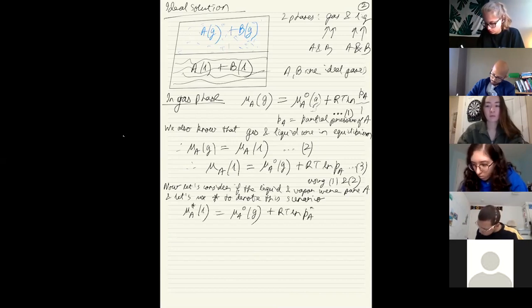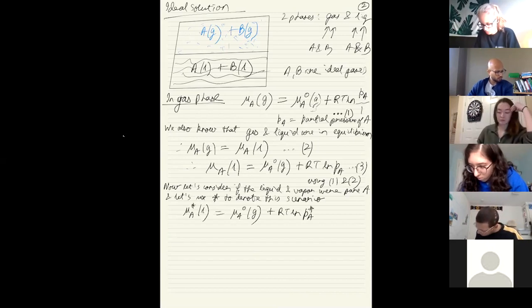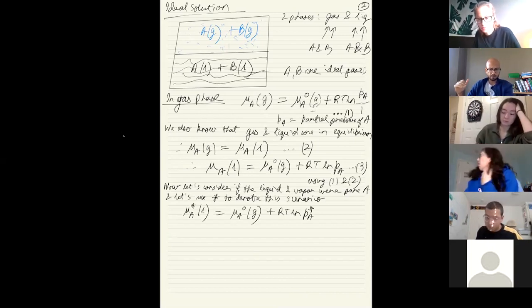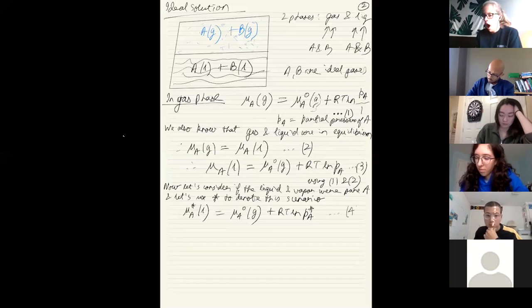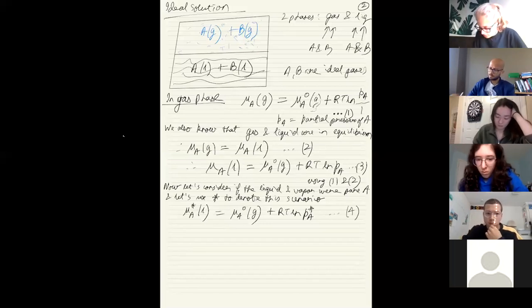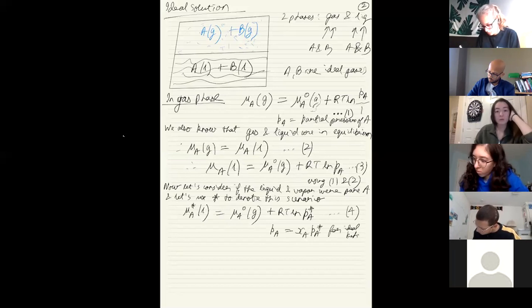But now we will have a star, showing what the pressure would be if it was pure A. In other words, all we are saying is that PA is equal to XA times PA star for ideal behavior.